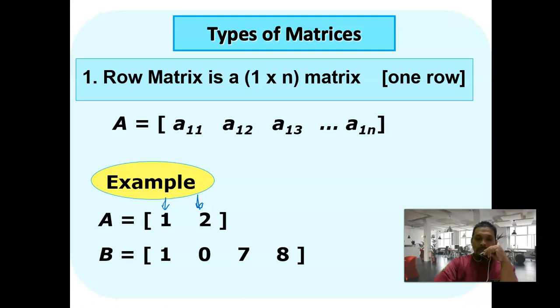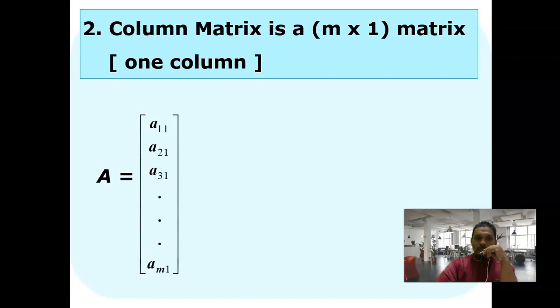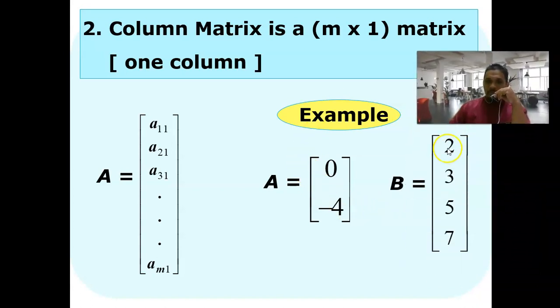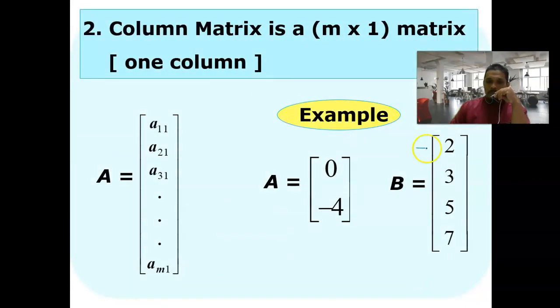Also, this one is of size 1 times 4, one row with 4 columns. A column matrix is m times 1 with 1 column. For example here, 0, negative 4, and what we have here is row 1, 2, 3, and 4 with only 1 column. So it is 4 times 1.